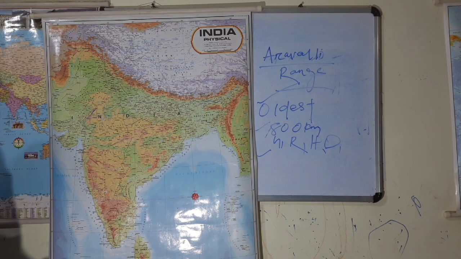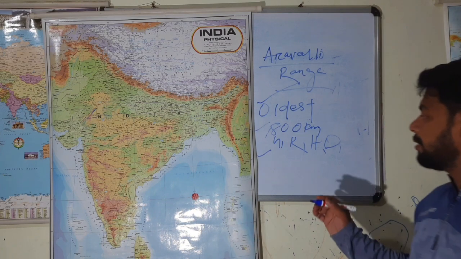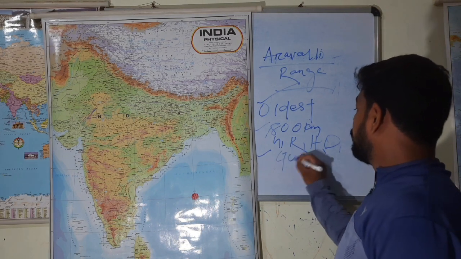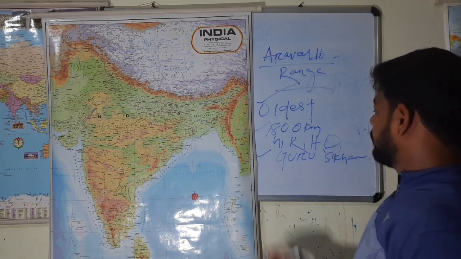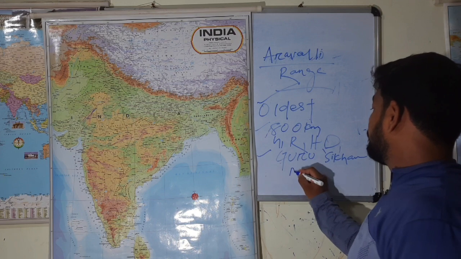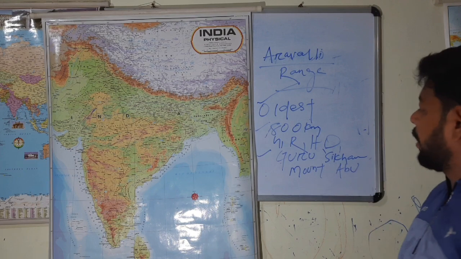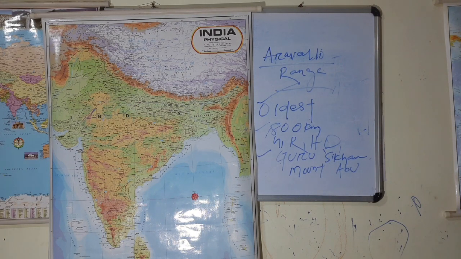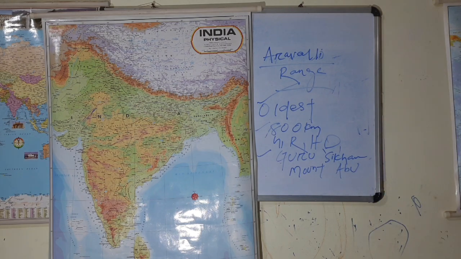Fine. Next, the question often asked is, what is the highest peak of the Aravali range? That is Guru Shikhar, and it is located in Mount Abu. Where is it located, guys? Mount Abu. Can anybody say what its altitude is?